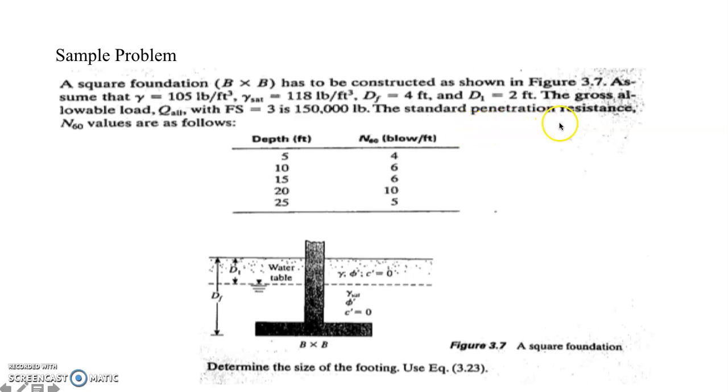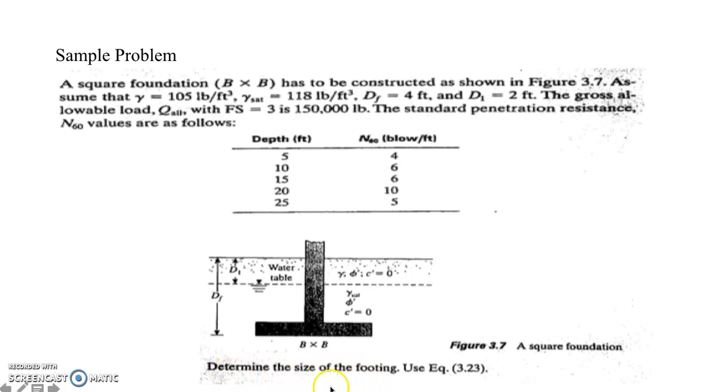The standard penetration resistance N sub 60 values are as follows. We are given N sub 60, the standard penetration resistance, with respect to each depth of our foundation. This is the illustration or figure for our square foundation.